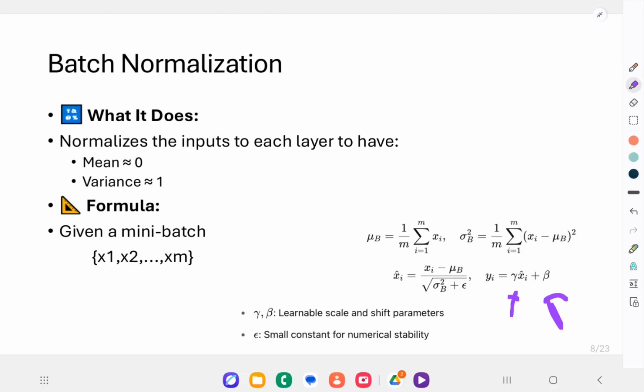Because the normalization depends on the specific mini batch, there's a bit of noise introduced during training, which also helps prevent overfitting. Typically it is applied right after a dense or a convolutional layer and before the nonlinearity, before the activation.